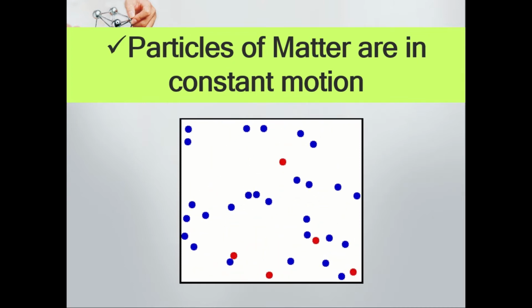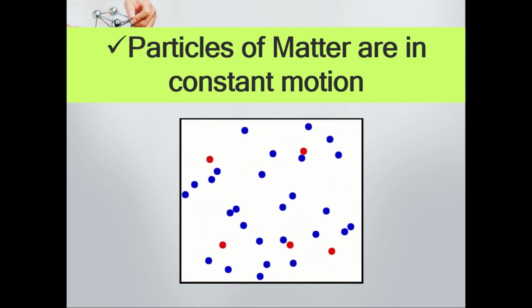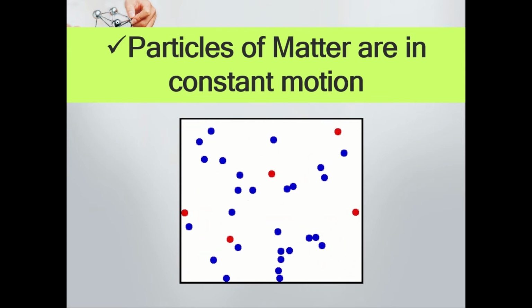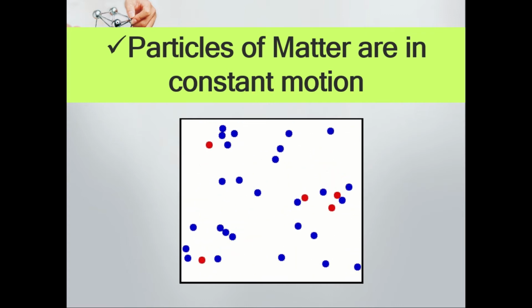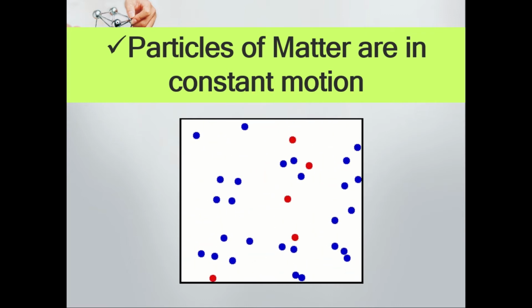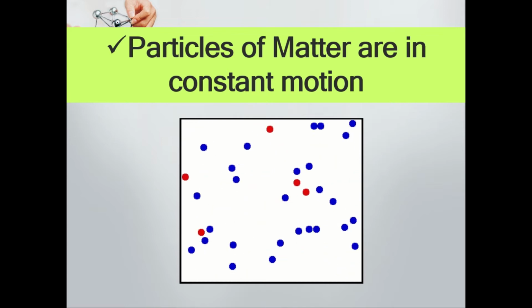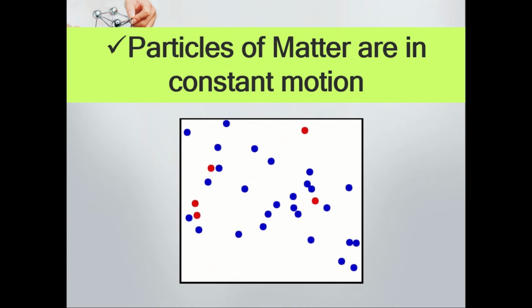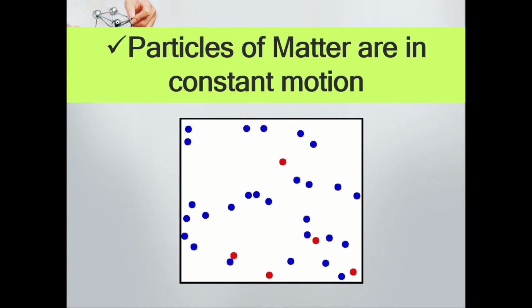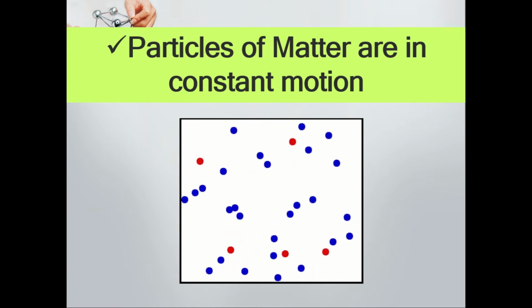Particles of matter can move because they have energy. That's why they can move in constant motion. As you can see here in our illustration, these are the particles of gases, and they are moving in random motion. That is because gases have higher energy than the other states of matter.